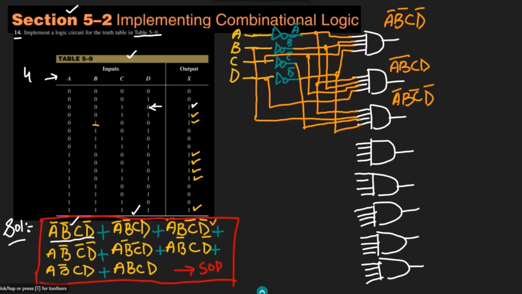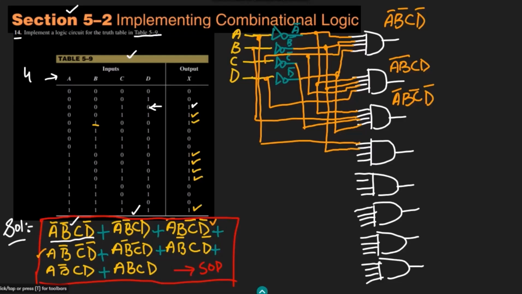For the fourth gate I have these inputs, and these are A, B complement, C complement, and D complement. So the A here is, let me use this one here, and this one will be A. B complement is where? Let me use this B complement here.